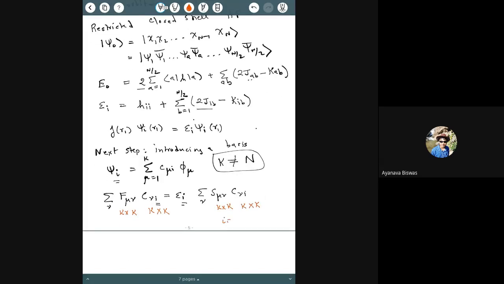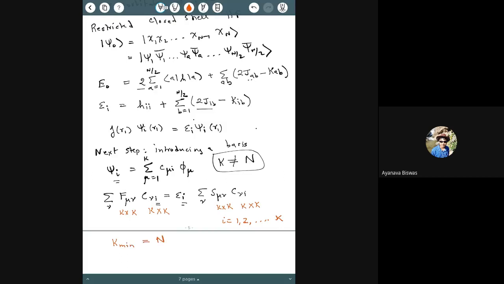So i also ends up ranging from 1 to k. So this places some constraints on what k can be. So k minimum must be n.